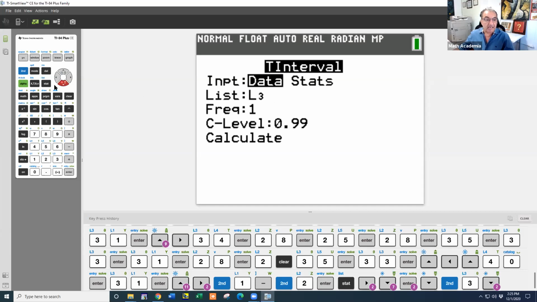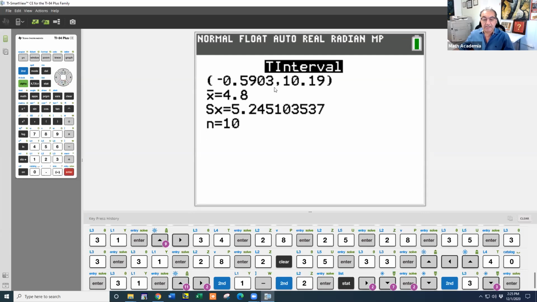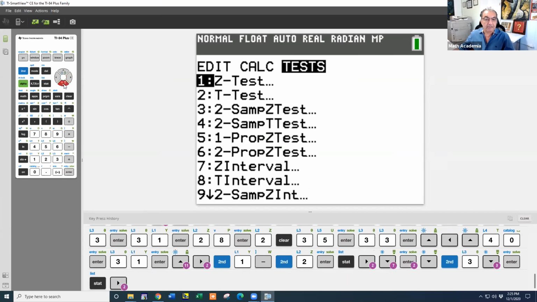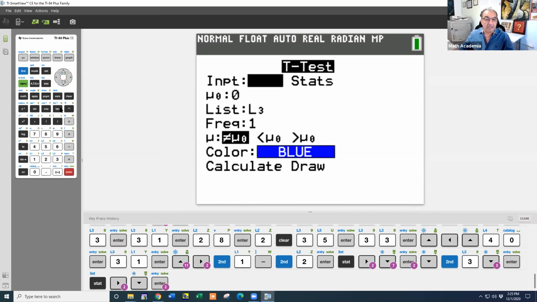was 0.99. Actually, I'm going to correct myself. You can get the confidence level, but the problem was testing, but that's fine. It's the same thing. You can go to test, you can go to t-test, and again, pick data. Mu0 is 0, that's mu sub d.